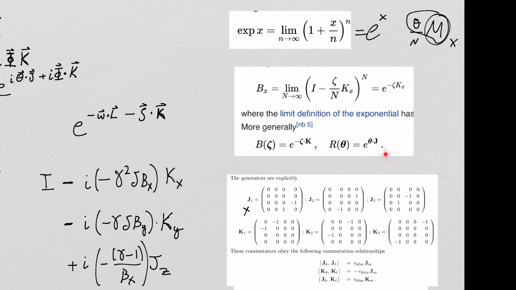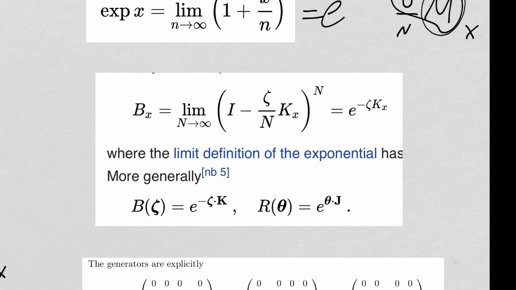So, for example, Wikipedia's actually got one of the weirdest ones because it seems to be different for the pure boosts and the pure rotations. But as an example, their pure boost is defined with a minus sign here, which ends up being a minus sign in the exponential. And they're defining just a pure boost in the x direction, so they're dealing with the generator of the boost in the x direction.